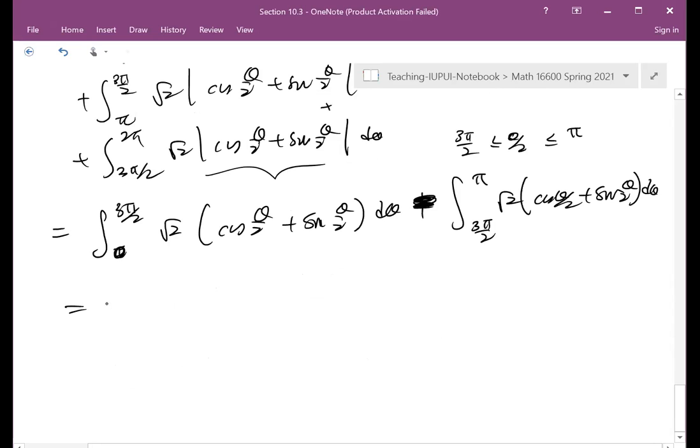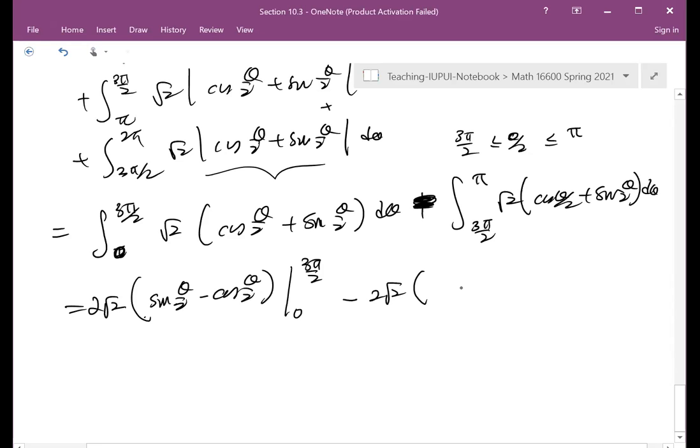Okay, the antiderivative of that is twice, and here's sine half of theta minus cosine half of theta. Okay, minus 2 square root 2, and here's sine half of theta minus cosine half of theta, from 3 pi over 2 to 2 pi. Okay, let's evaluate this.